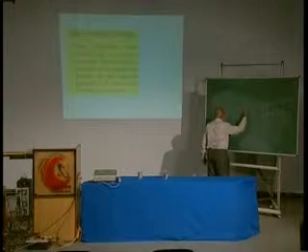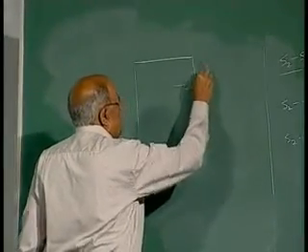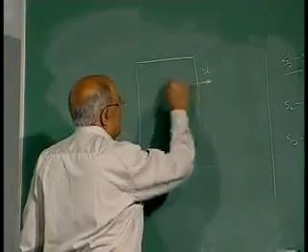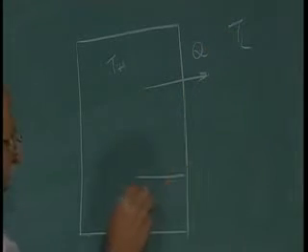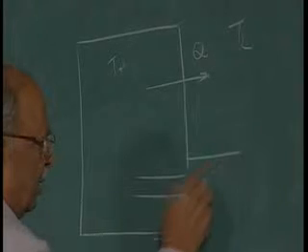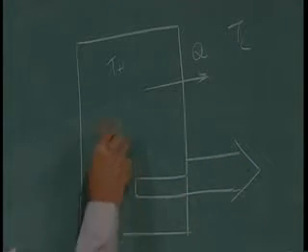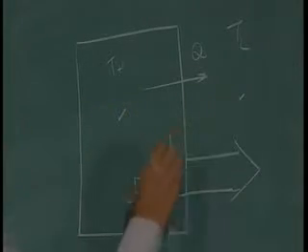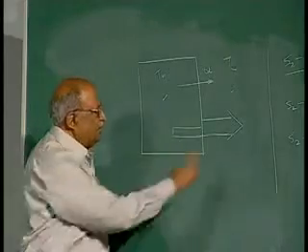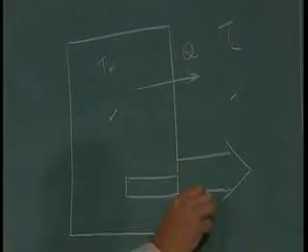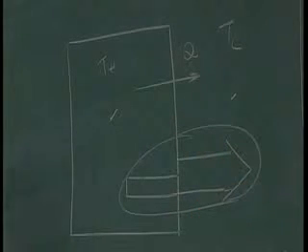You have just now seen a diagram. Q heat is transferred from Th to Tl, and we have seen that the entropy increases. That means, when heat flows from higher temperature to lower temperature, the entropy of the system would decrease, whereas the entropy of the surroundings would increase, and the entropy of the universe will always increase.